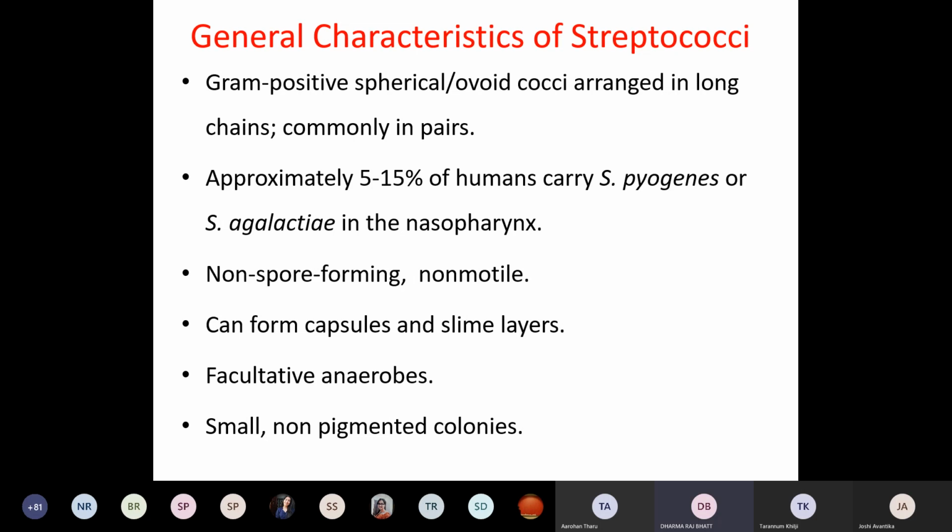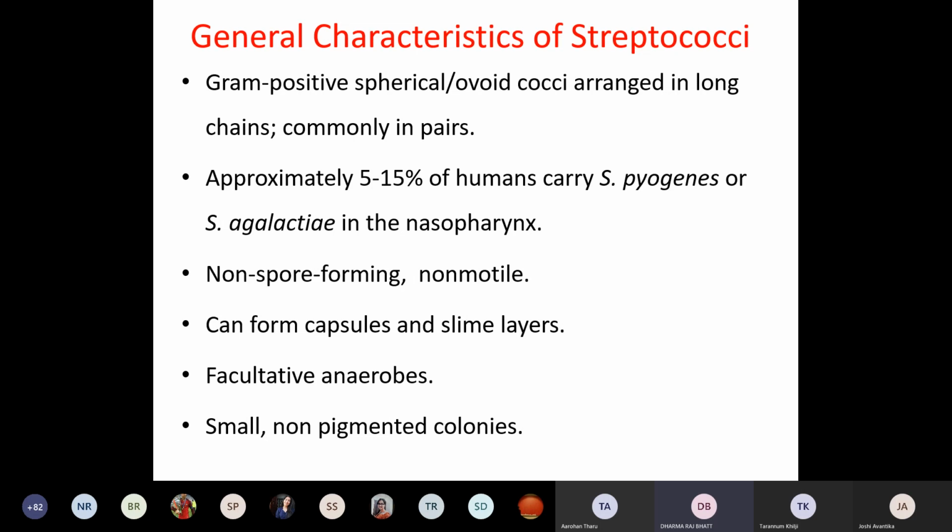So 5 to 15% of humans carry these organisms as commensal flora. They are non-motile, like many other gram-positive cocci. They form capsule and slime layers, which provide them protection, as well as some other functions.